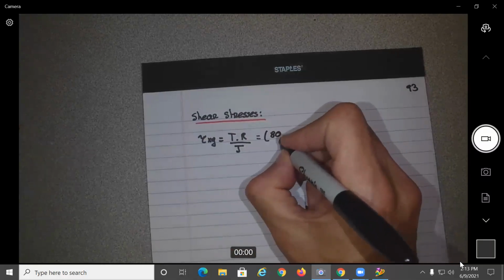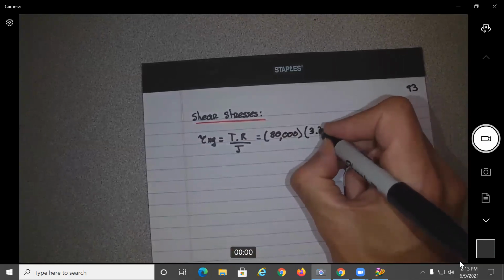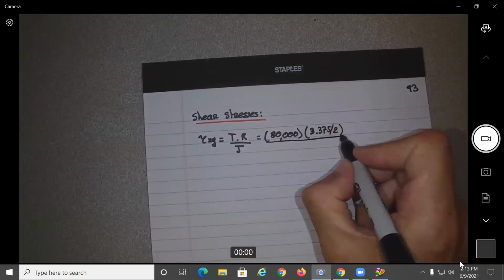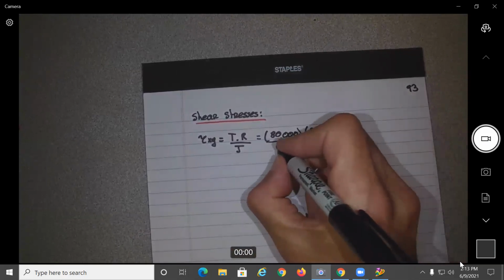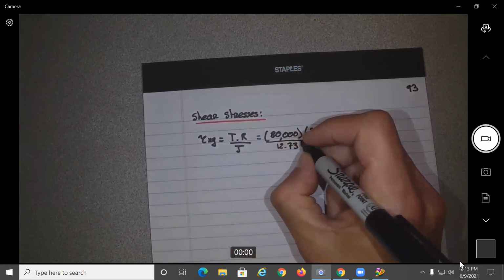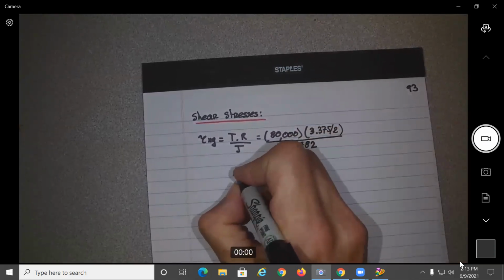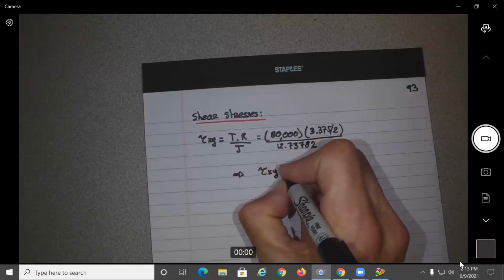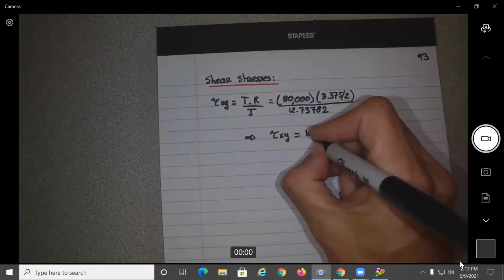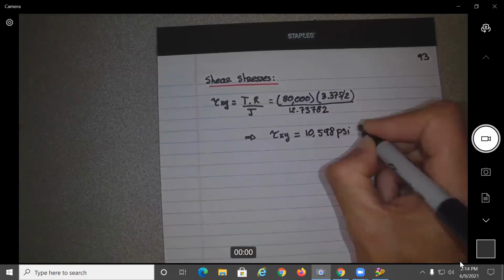Is 80,000 times 3.375 divided by 2, divided by the J that we say is equal to 12.73782. And this gives you a tau XY equal to 10,598 PSI.